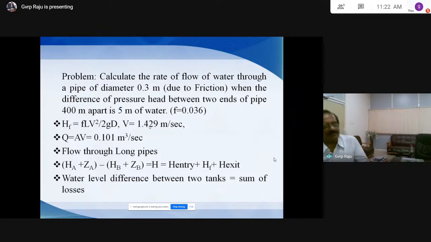So Q is equal to AV. A is the cross-section area of the pipe, pi by 4 d square, and V is the velocity, which gives 0.101 meter cube per second.